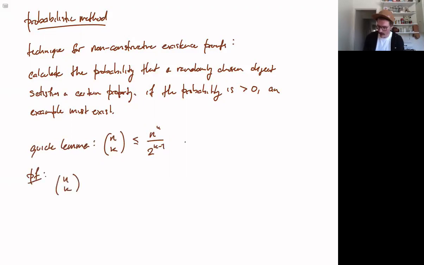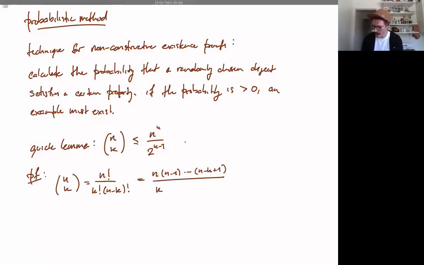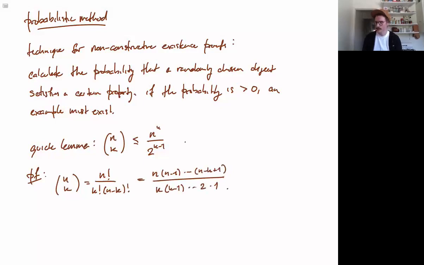So n choose k is equal to n factorial divided by k factorial times n minus k factorial. If we cancel this factorial with the rest of the terms in the other factorial, what we get is n times n minus 1, n minus 2, etc., down to n minus k plus 1, divided by what's left on the bottom, that's k times k minus 1 down to times 2 times 1.